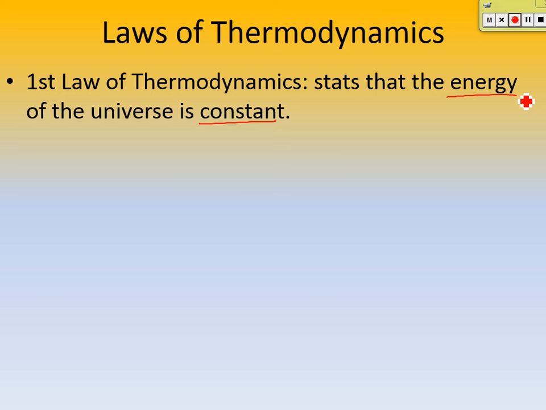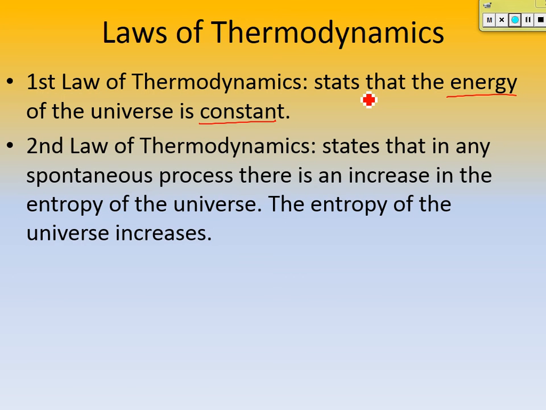But guys, can it change from one form to another? Yes. Yeah, typo there. That's supposed to be states. Energy of the universe is constant. The second law of thermodynamics is exactly what we've been talking about today. It states that in any spontaneous process, there is an increase in entropy of the universe.